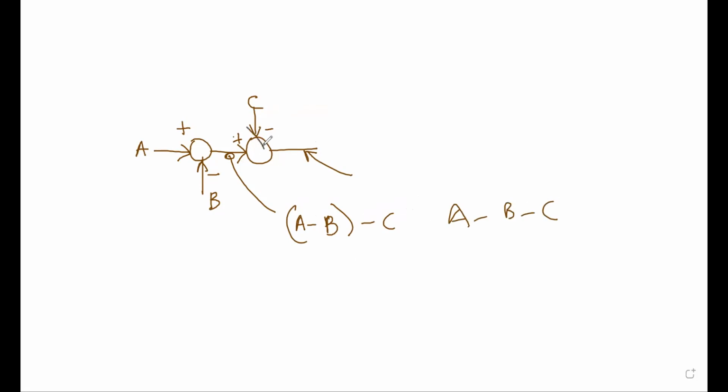So I could have swapped these blocks and arranged it like A minus C minus B. It doesn't matter, because of the linearity of addition and subtraction, what order I do this in. So I could actually swap summing junctions, and likewise, I could also move takeoff points.